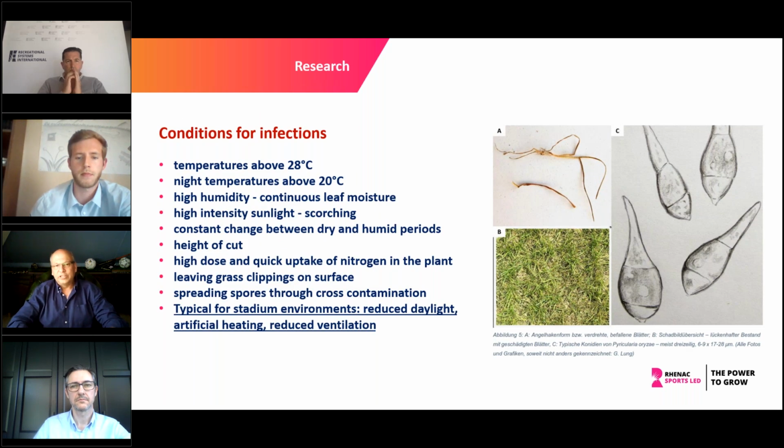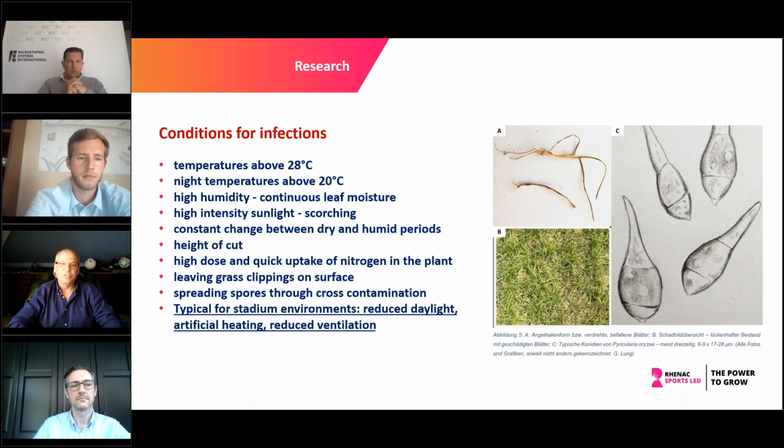The conditions in which this particular disease will appear are when temperatures are rising above 28 degrees, but also the nighttime temperatures are above 20 degrees. In this period of the year, in Western Europe, the nighttime temperatures still drop to 3 or 4, even maybe up to 10 degrees, and there is less susceptibility for this particular fungus.